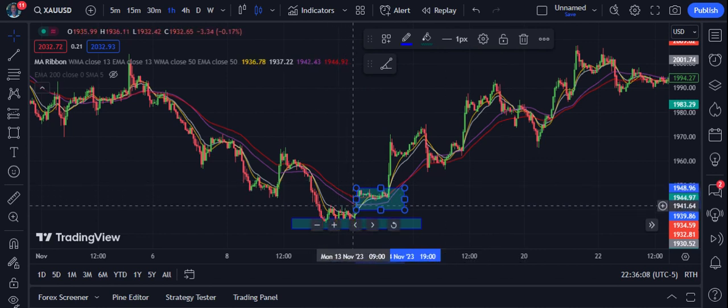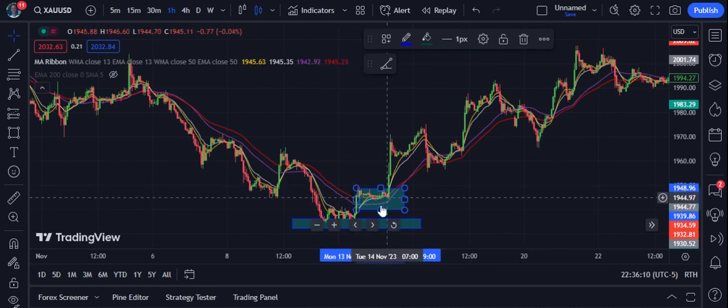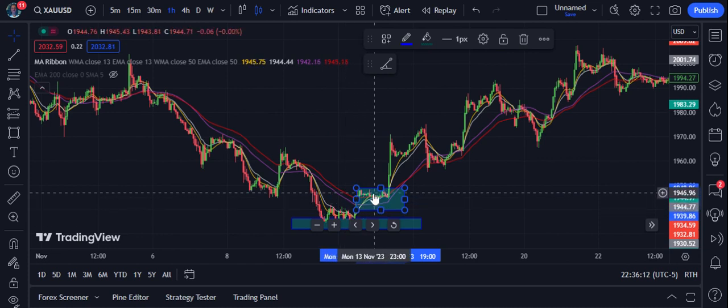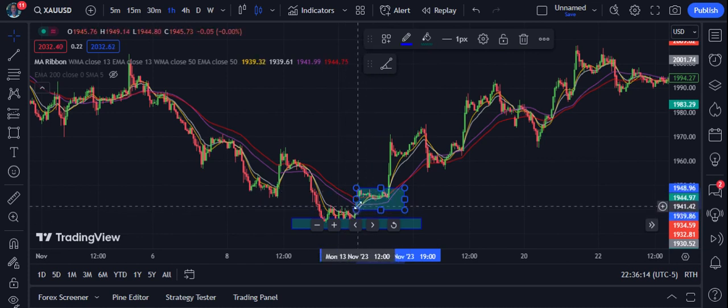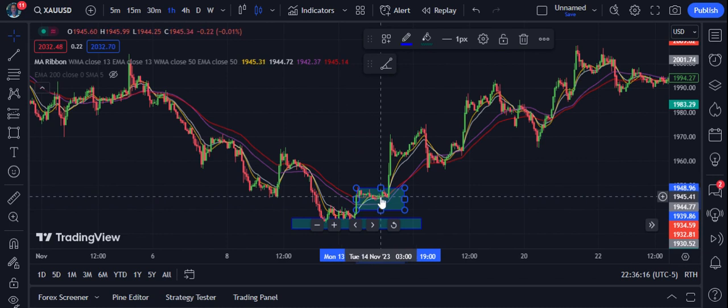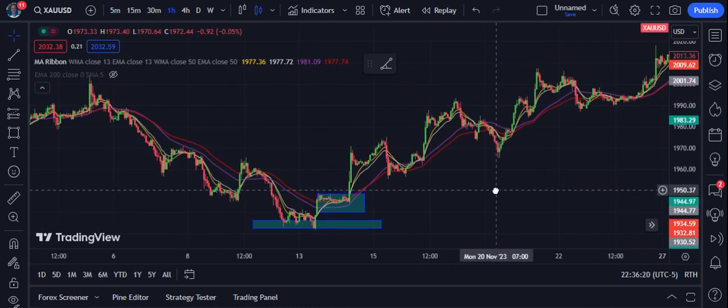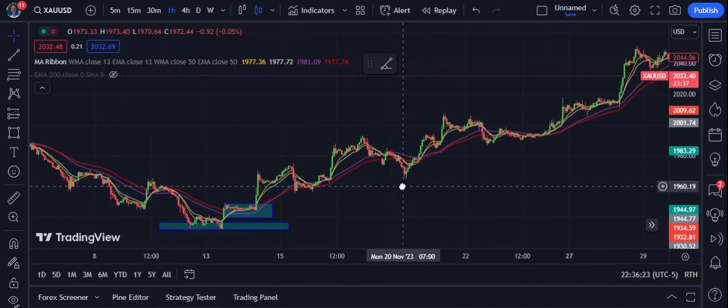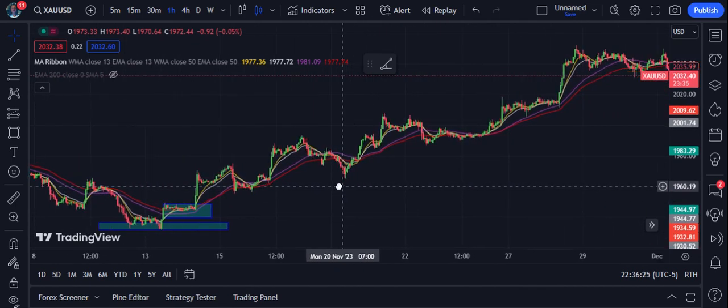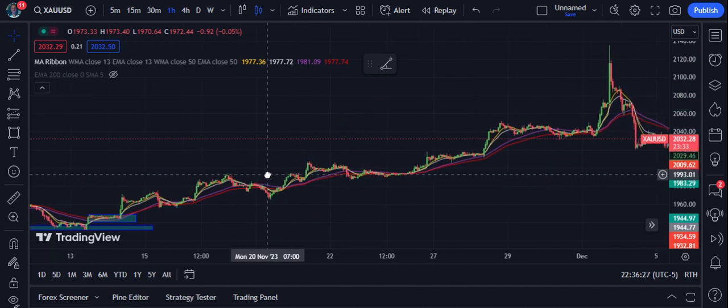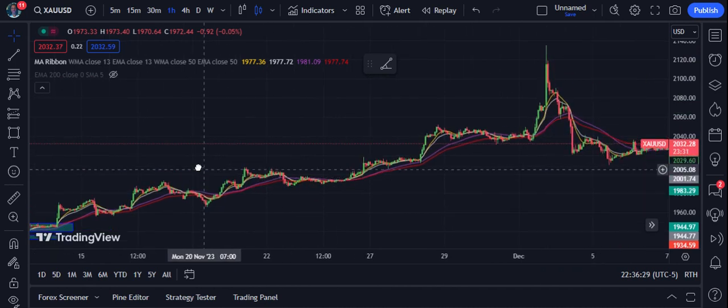After I notice that all four of the moving averages have crossed each other, then I would be looking for an entry point, and then I would hold this trade for as long as possible until I feel that the market might go into a downtrend.